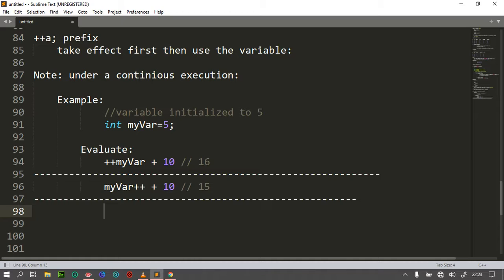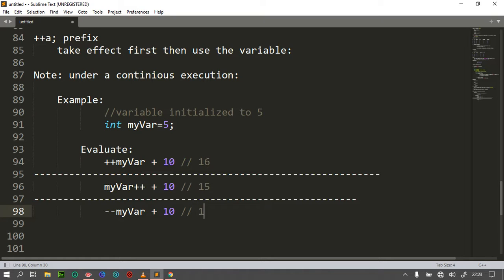Then assume it is a prefix decrement of myVar, a prefix decrement of myVar plus 10. Automatically, if myVar was 5, then with a pre-decrement we take effect, then use the variable, so definitely it is 4.